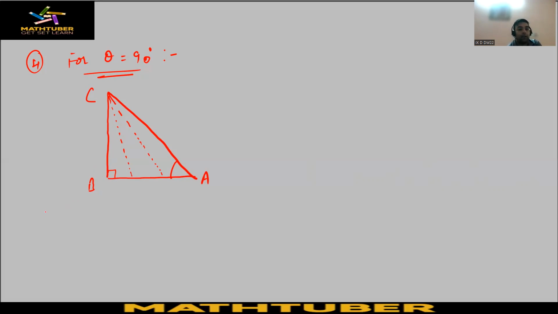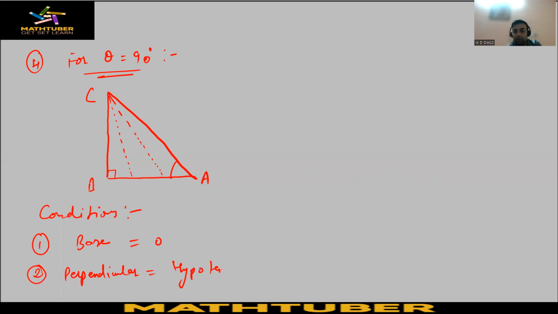So here the conditions are, the first condition is that the base becomes 0, and the second condition is perpendicular of the triangle becomes equal to hypotenuse. So these conditions you have to learn, and now we can find out the values of sine 90 degree, cos 90 degree, tan 90 degree.